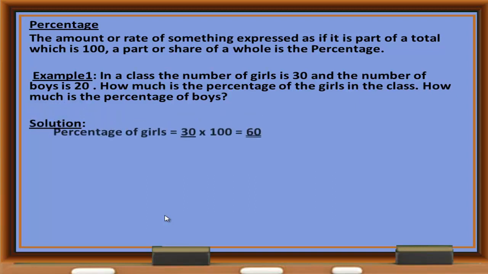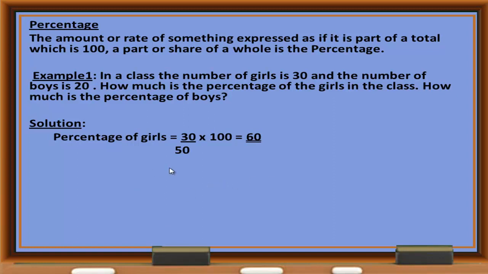Solution. Percentage of girls is equal to 30, the number of girls, 30 over total, which is 30 plus 20 is 50. We make it in percentage over total. As we have said, it is a part of total, which is 100.